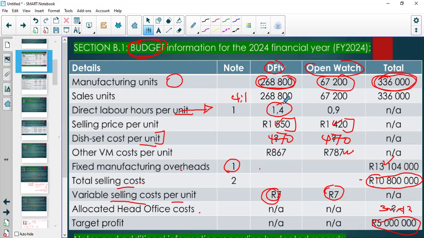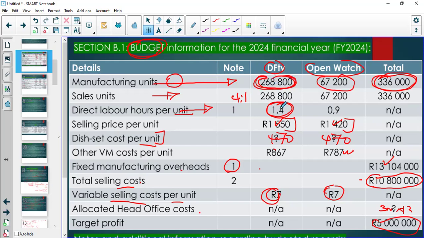So when you want to determine how much production is going to happen, please always make sure you point to the manufacturing units, not the sales units, because it's easy to accidentally pick the sales units. So it's 1.4 multiplied by the manufacturing units.